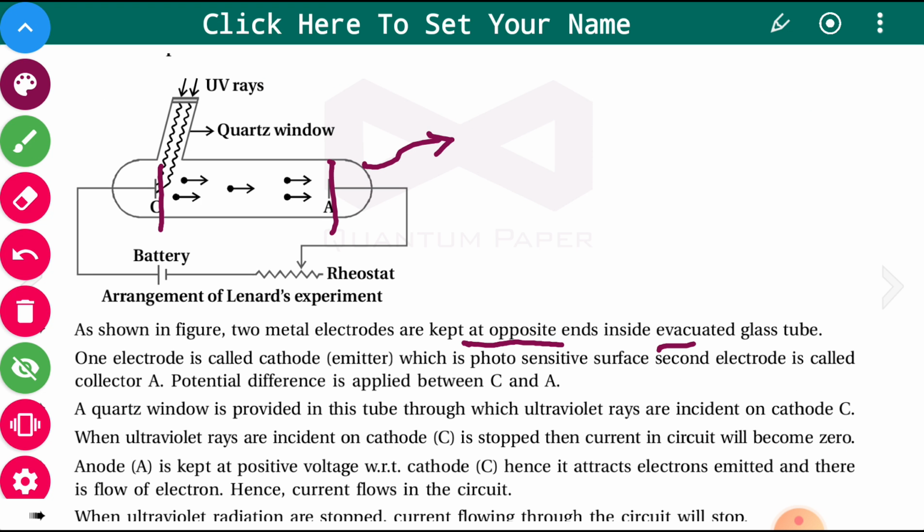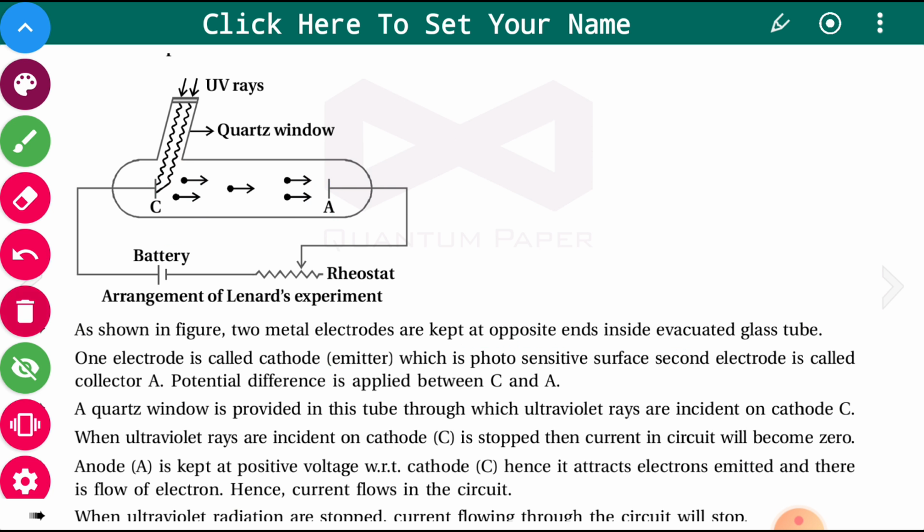This is the evacuated glass tube. Now one electrode is called the cathode, that is the emitter, with the photosensitive surface, and the second electrode is called the collector. So this is the collector and this is the emitter, also called the cathode.